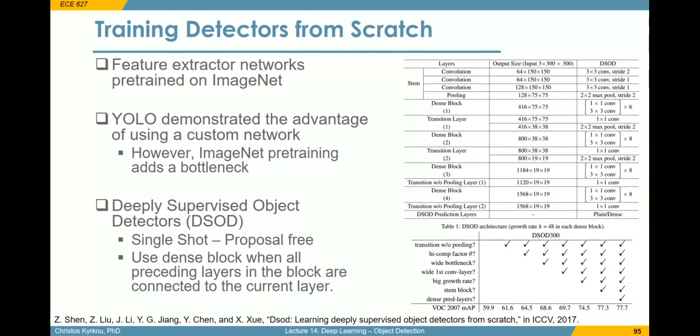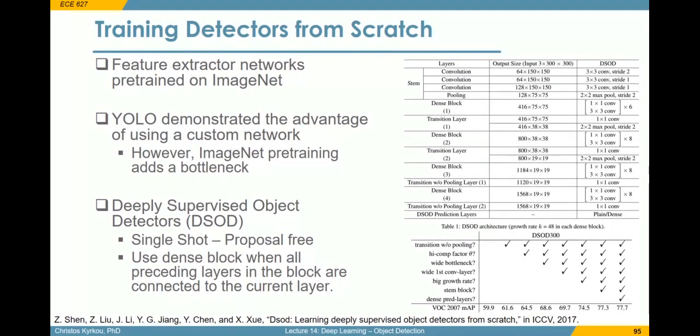And one of the things that they propose in their strategy is to use what we call densely connected layers. So the idea of densely connected layers is that we take the earlier layers and we propagate them to deeper layers.